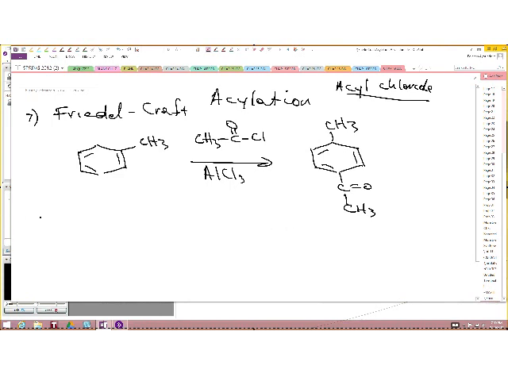Now we could also, okay, that was 7, 8. Okay, linear reaction with a nitride.